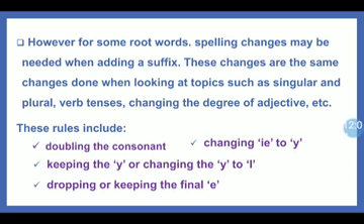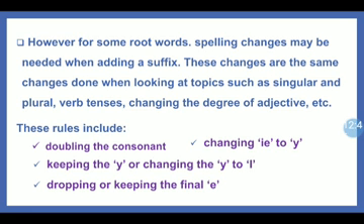There's an R before a Y, so we need to change that Y to I and add ES. So we get C-H-E-R-R-I-E-S. You could do the same thing for a knife, K-N-I-F-E. In this case, we are going to be changing FE to V and adding ES. So knives would be K-N-I-V-E-S.